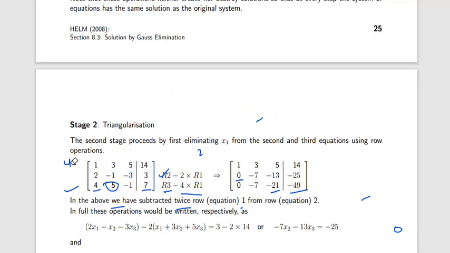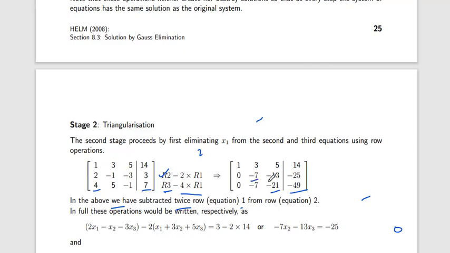So with these two operations we get 0 in these two positions, but our second stage is not completed. Why? We also want this as a 0. Then this matrix is converted into an upper triangular matrix.